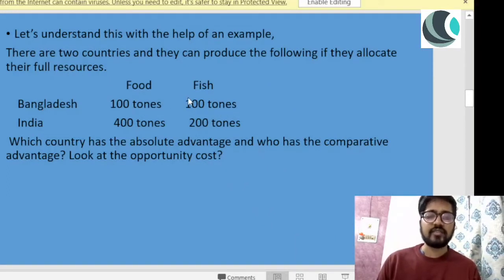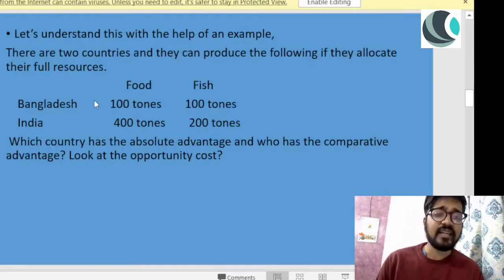In either case, if you want to produce 1 ton of food, you will have to forgo 1 ton of fish. But in case of India, if you produce fish, 1 ton of fish will cost 2 tons of food, and if you produce 1 ton of food, you have to miss out on 0.5 tons of fish. So that's the opportunity cost, 0.5 and 2, right?